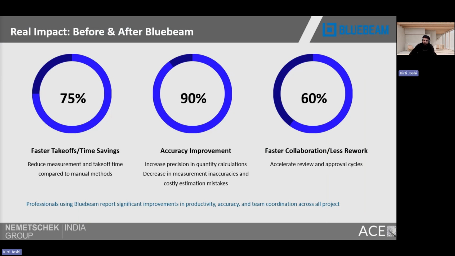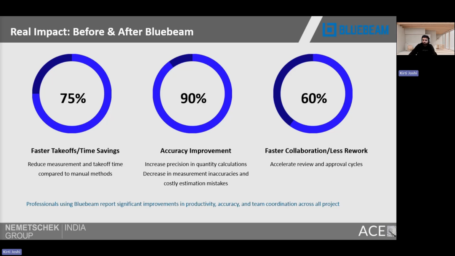And the next is the drawing and the document management are being made easy, and its impact can be seen clearly after using the Bluebeam. It has been reported that the professionals who are using the Bluebeam see a significant improvement in the productivity, the accuracy and the coordination across all the projects.